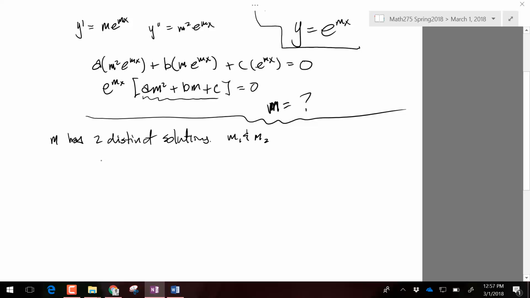So then your solutions are y1 equals e to the m1 times x and y2 equals e to the m2 times x. Right? So let's do an example for this case.